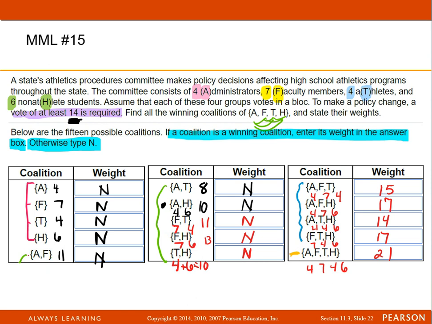So you might have a vote of at least 10. If it were 10, then I would have been looking at this one and this one and this one and this one and this one. Those would have all been winning coalitions too. But they weren't on this, so I just put the Ns in there. Anyway, that's number 15. And I've got one more question to go over with you.